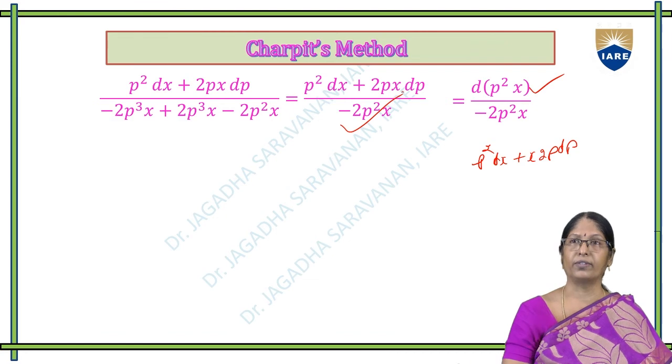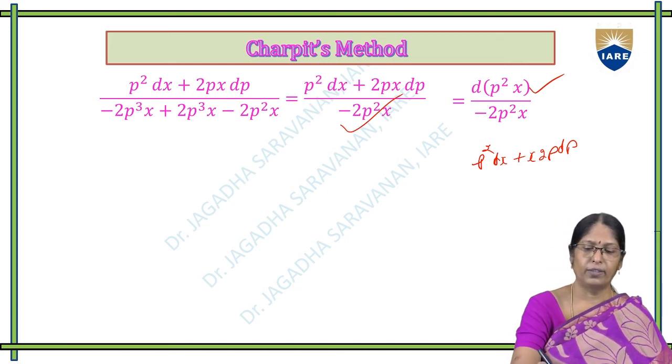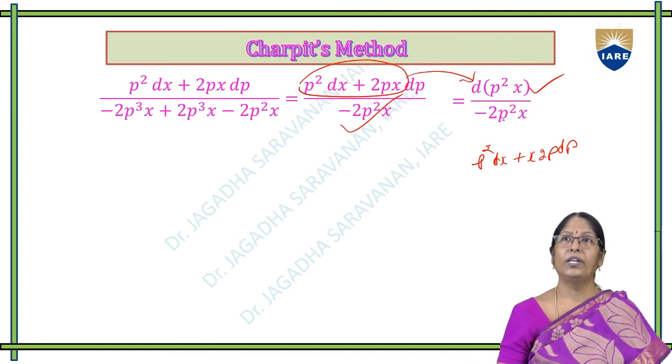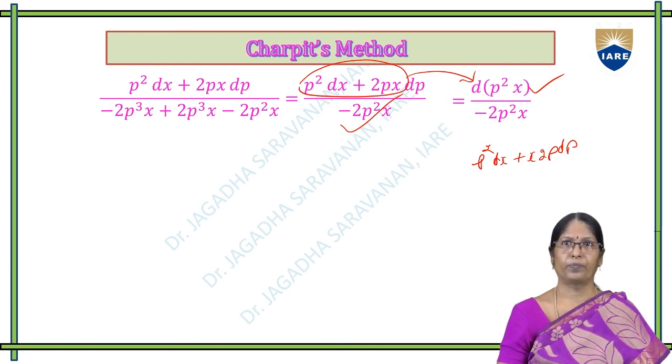That's what is there. So in short form, the differentiation of p square x is written in this way mathematically. So the denominator is minus 2p square x.